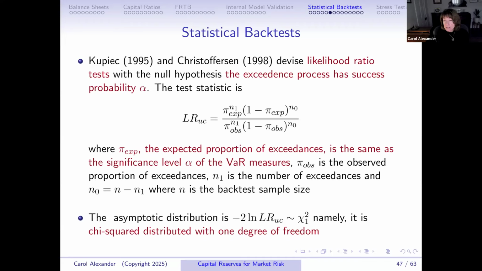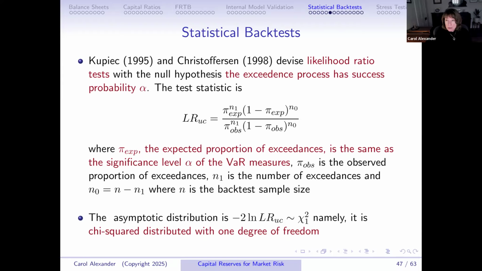So you can read this top thing as alpha to the power n1 times 1 minus alpha to the power n0, where n1 plus n0 is the size of the backtest sample. n1 is the number of ones, n0 is the number of zeros, and the two together, n1 plus n0, make n, the backtest sample size.